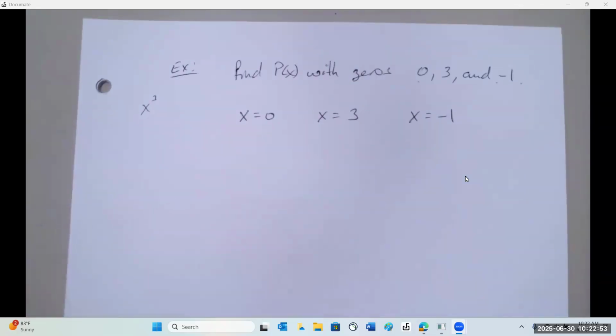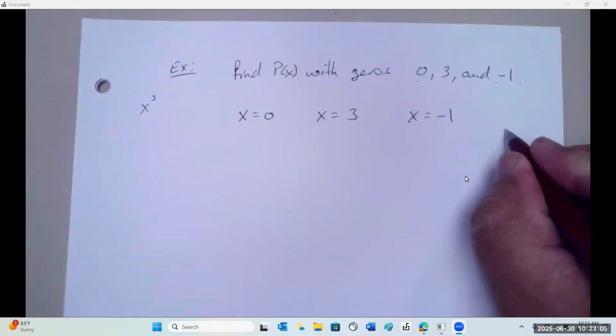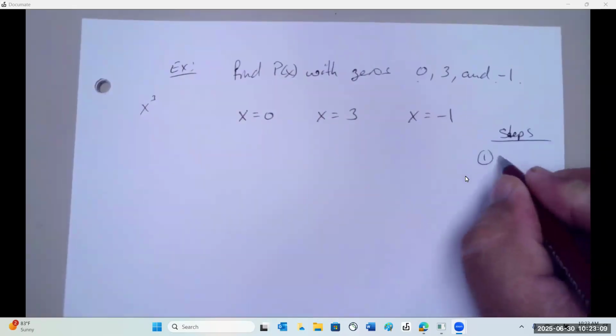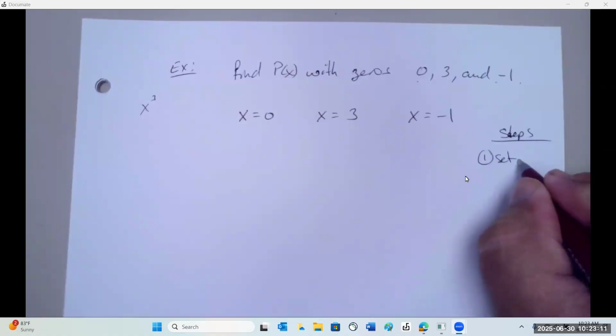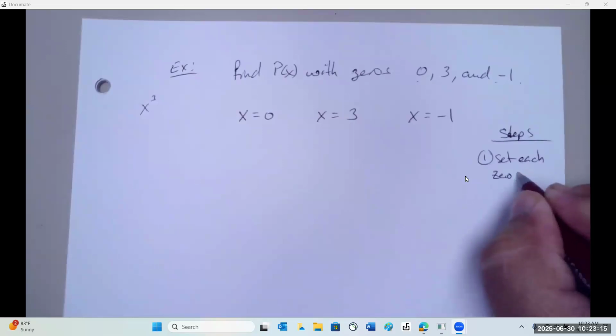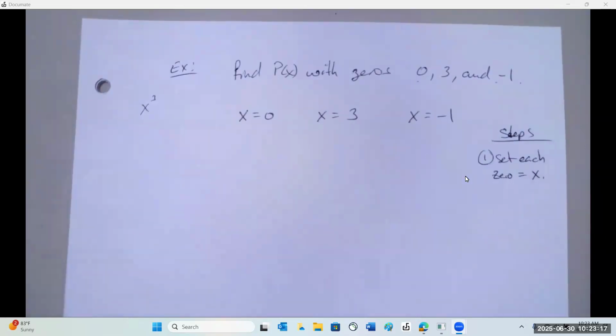We're working backwards. These are my solutions now. Then what? Make them equal 0. So here are my steps. First step, set each 0 equal to x. That's what we did, step 1.